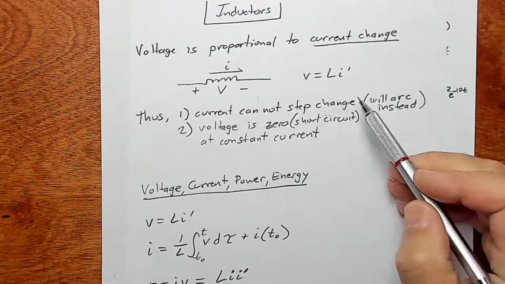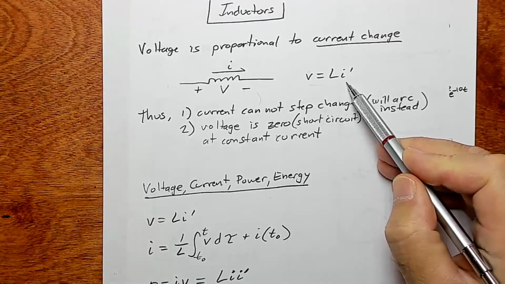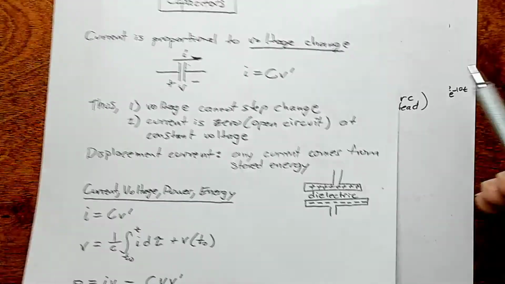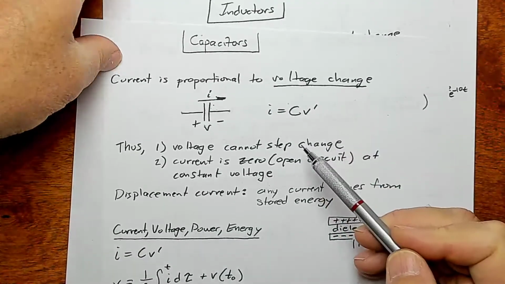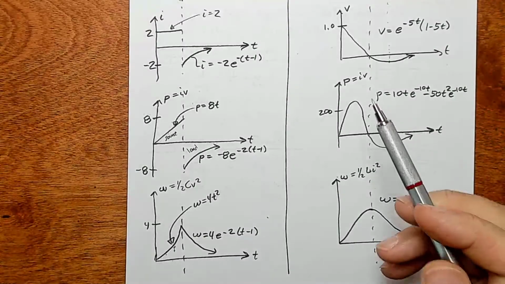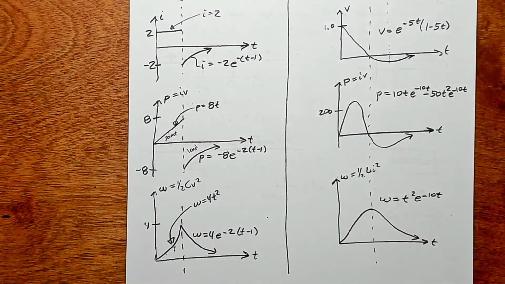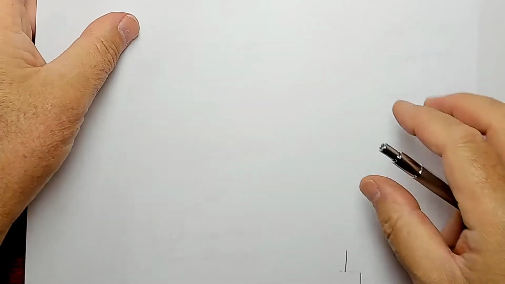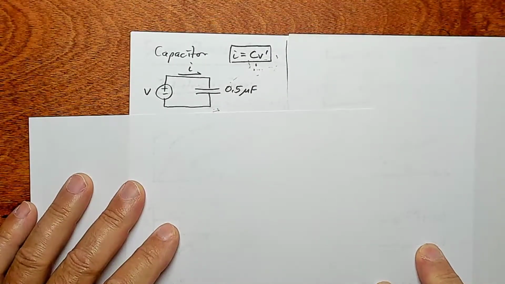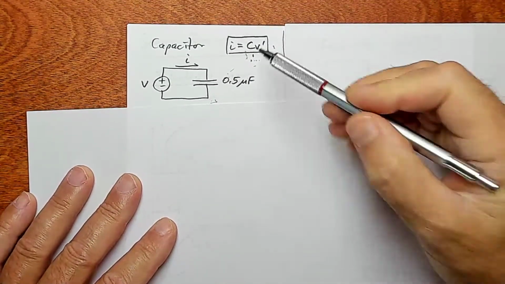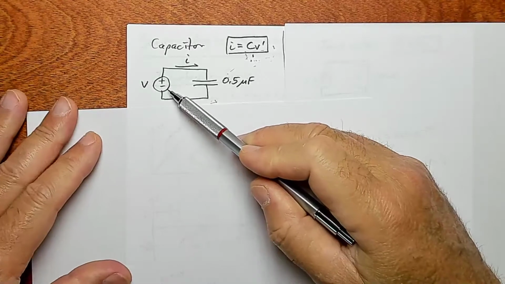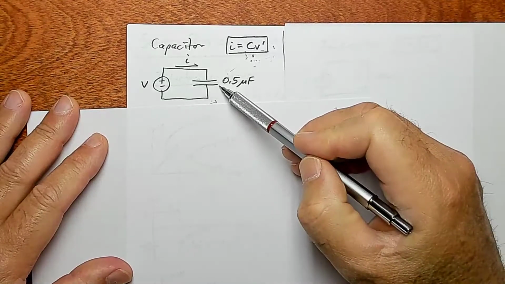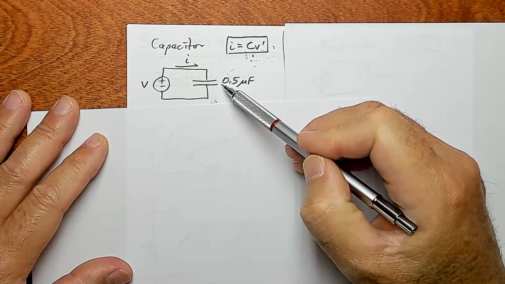And that's the basic principles of inductors. Okay, so V equals L i prime and I equals C V prime. Let's see what that would look like with a capacitor and an inductor. So I equals C V prime. Let's take a voltage source and hook it up to a capacitor and look at the waveforms.